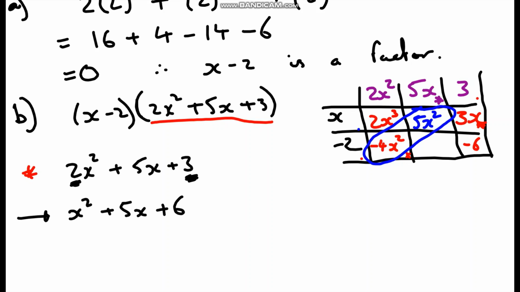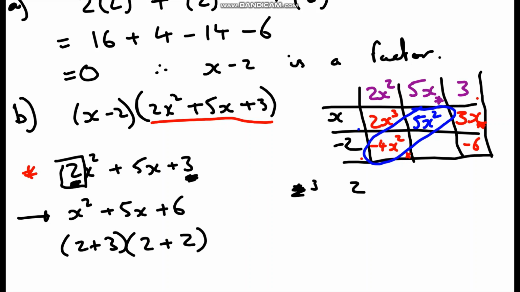So this would go to plus 3 and 2. That's the pairing that would times together to give me 6 and add together to give me 5. So we're going to do plus 2, plus 3. But because it was 2x here, we're going to multiply both of these by 2.